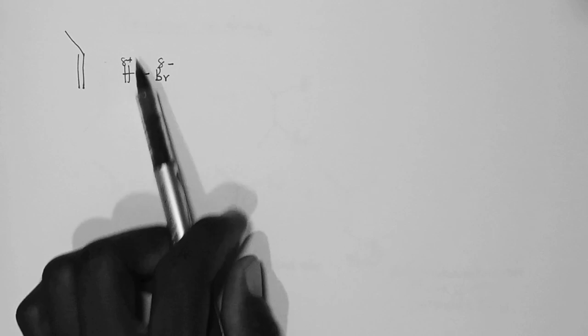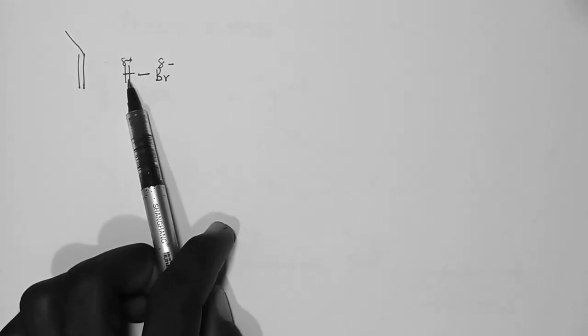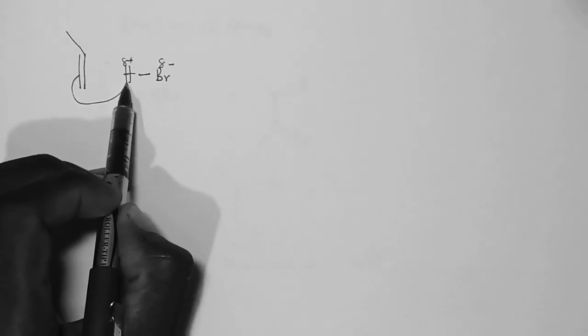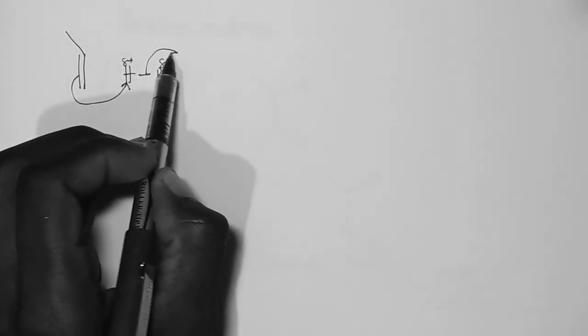Because of this partial positive charge, the proton is electrophilic, and because of the pi electrons, this propene is nucleophilic. So the nucleophile will donate a pair of electrons to this proton, whilst causing the bromine to cleave off.